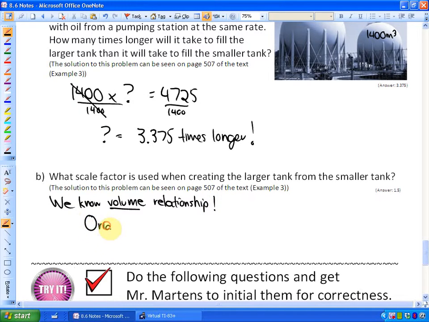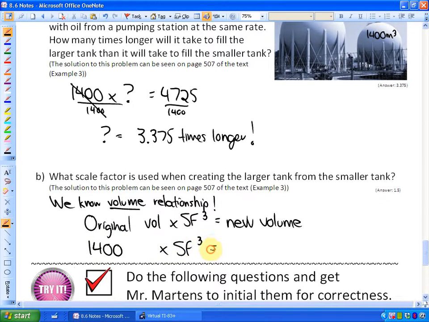We know that original volume times scale factor cubed is equivalent to new volume. Well, if we're going from the smaller to the larger, because we want to know what created the larger from the smaller, we know that the original volume, which is 1,400, times the scale factor cubed is equivalent to the new volume of 4,725.